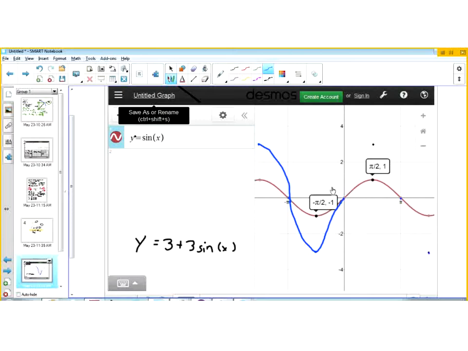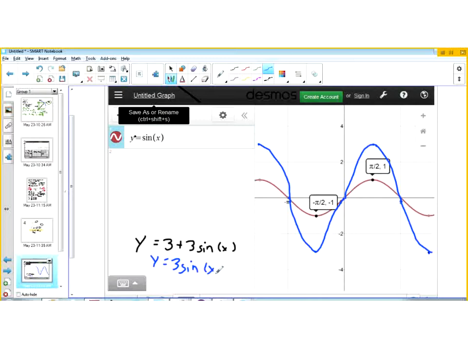Okay, so draw the sinusoidal curve, like this. All right? Okay, so that's 3 sine x, shown in blue.